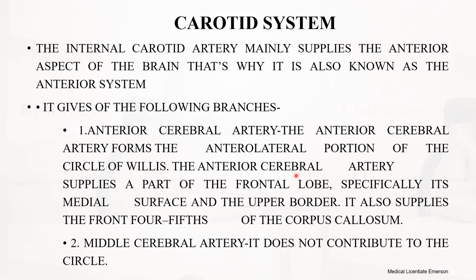The anterior cerebral arteries also supply a part of the frontal lobe, specifically its medial surface and upper border. They also supply the front 4/5 of the corpus callosum. Then the middle cerebral artery does not contribute to the circle of Willis.